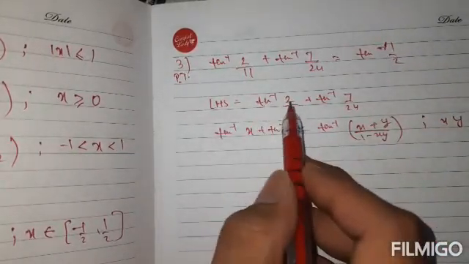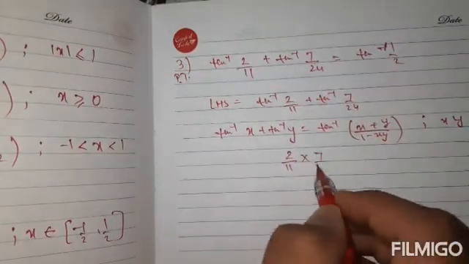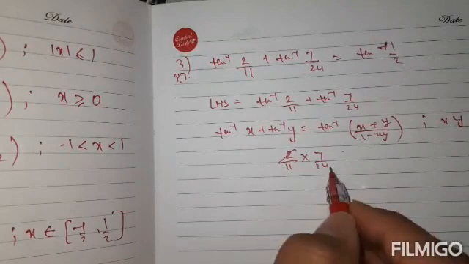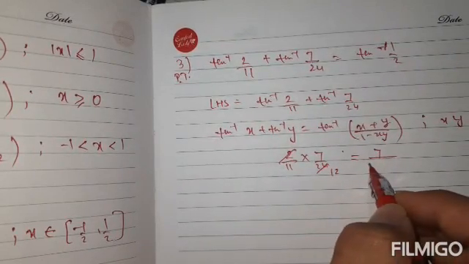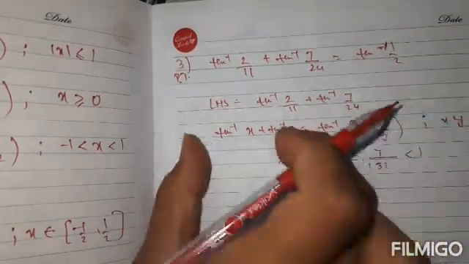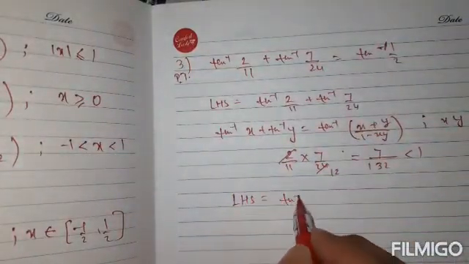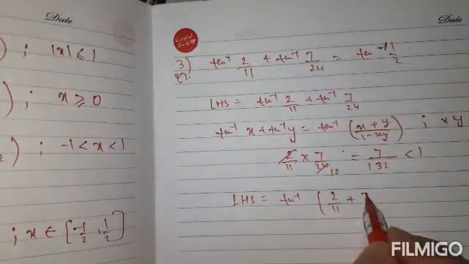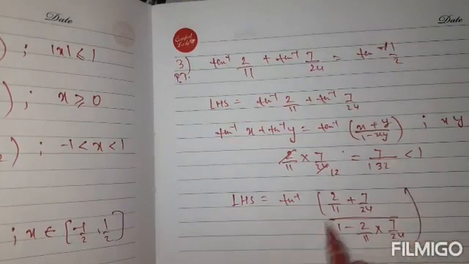If we look at these values 2 by 11 and 7 by 24, their product is 7 upon 132, which is less than 1. So we can apply this formula here. Our LHS becomes tan inverse of 2 by 11 plus 7 by 24 upon 1 minus 2 by 11 into 7 by 24.